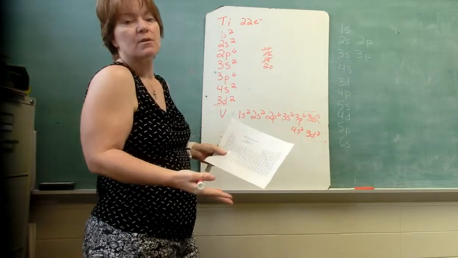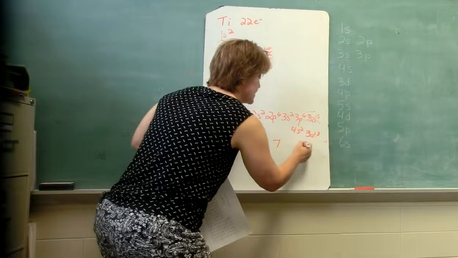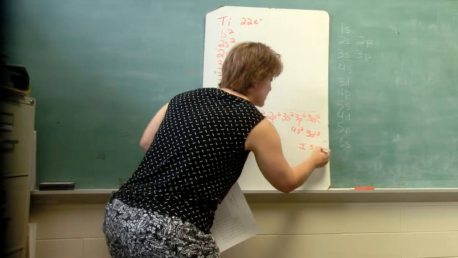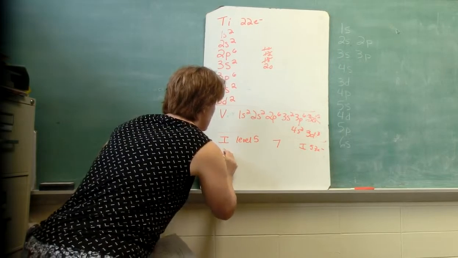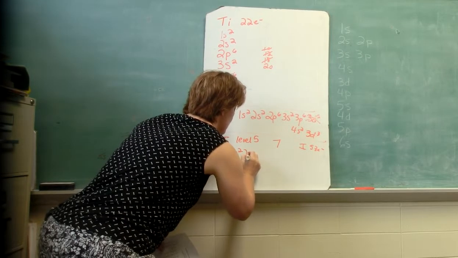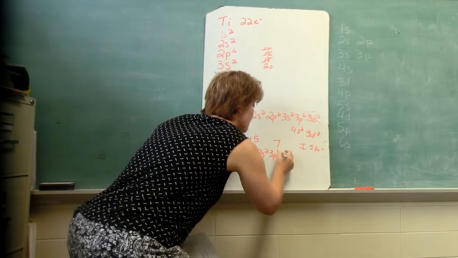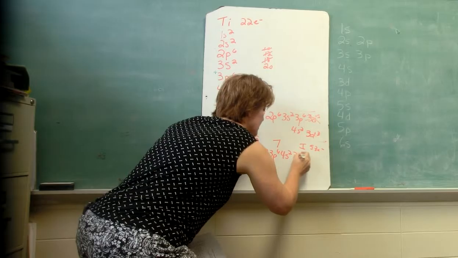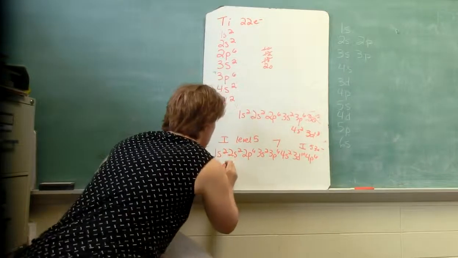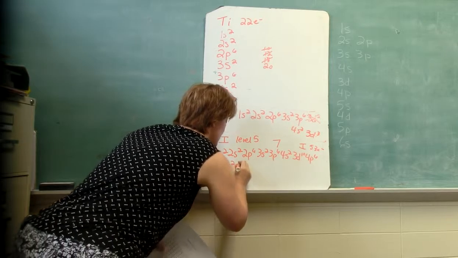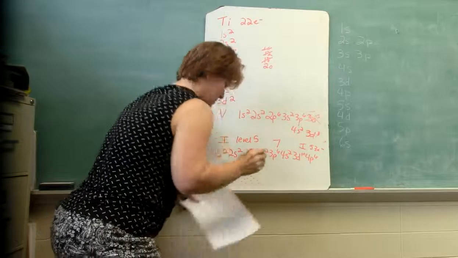Or I can write out the actual full electron configuration. Iodine has 53 electrons, so I'm just going to fill these up. 1s2, 2s2, 2p6, 3s2, 3p6, 4s2, 3d10, 4p6, 5s2, 4d10, 5p.